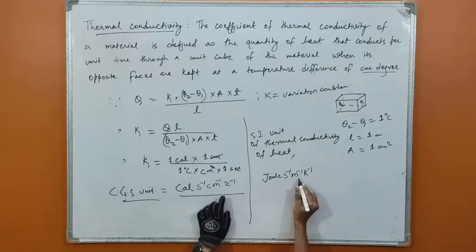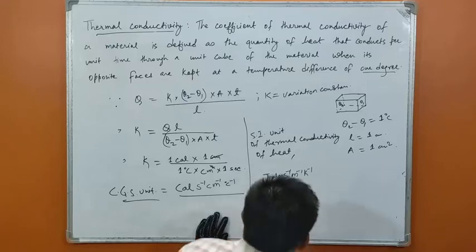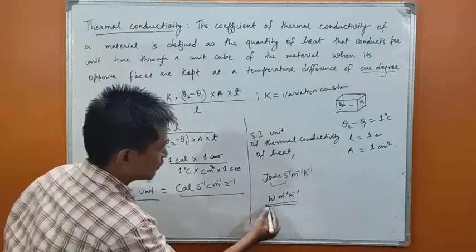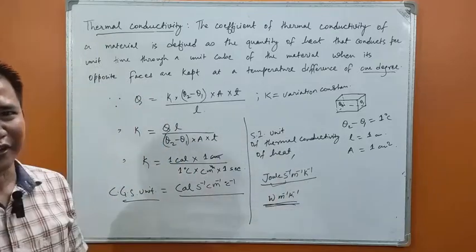Joule per second per meter per Kelvin. Joule per second can be written as watt, so watt per meter per Kelvin. The SI unit of K can be this or this. I hope you got this.